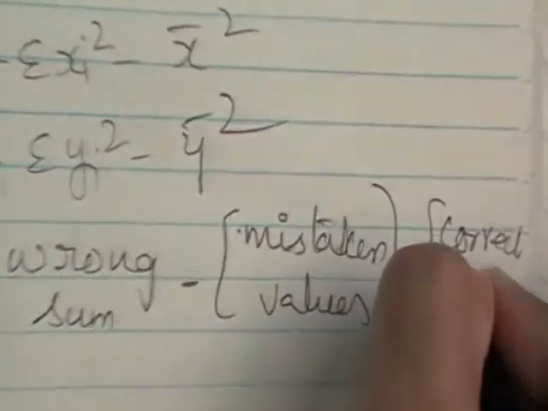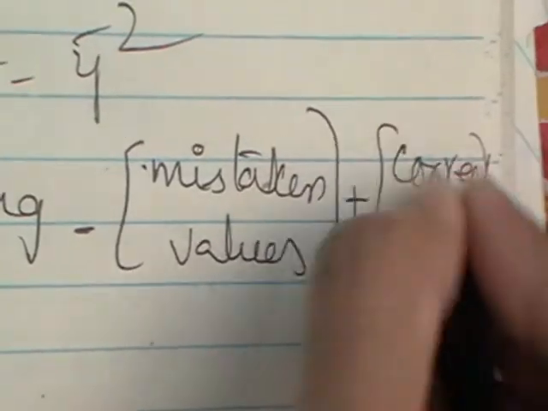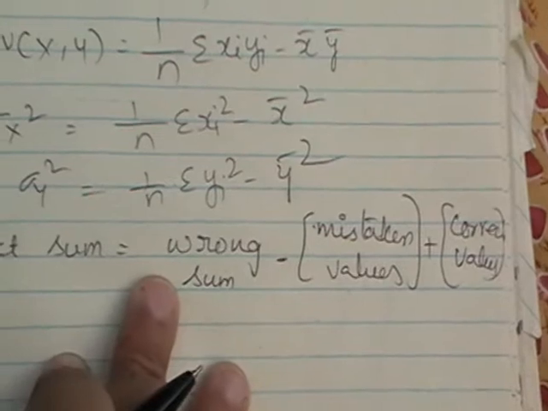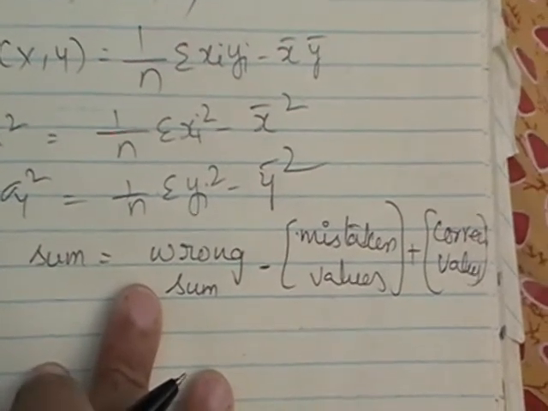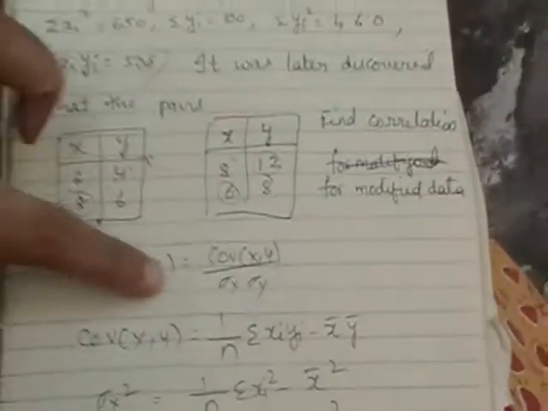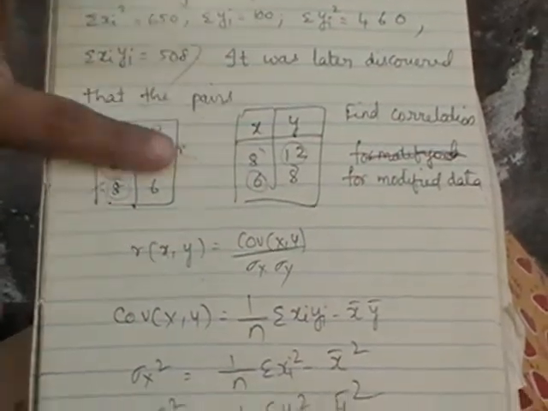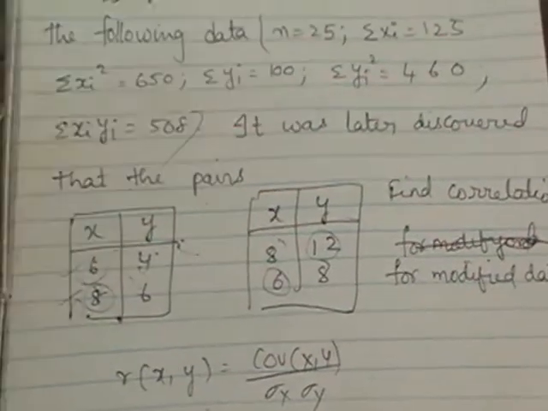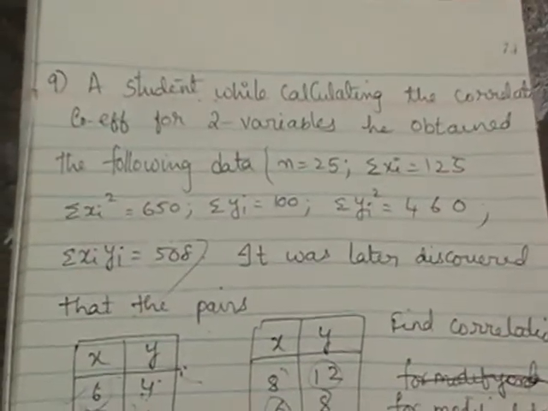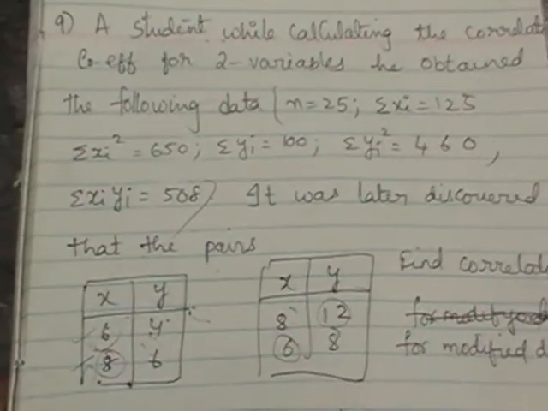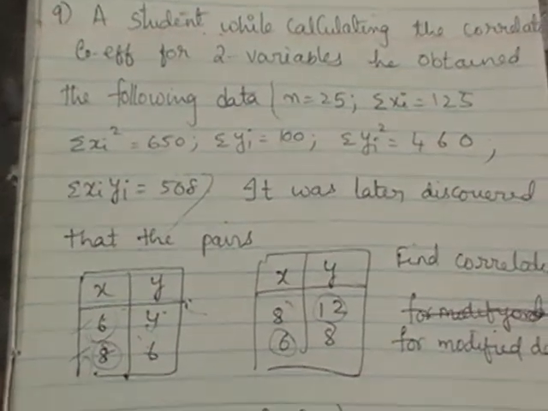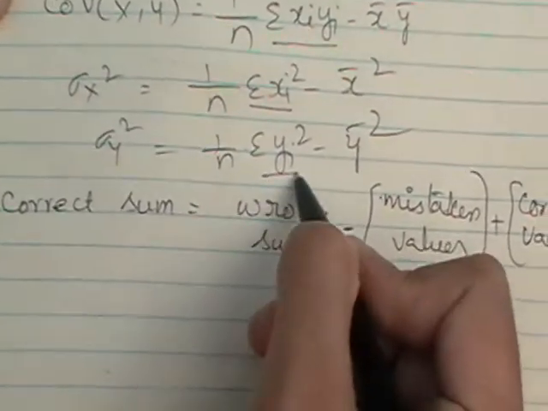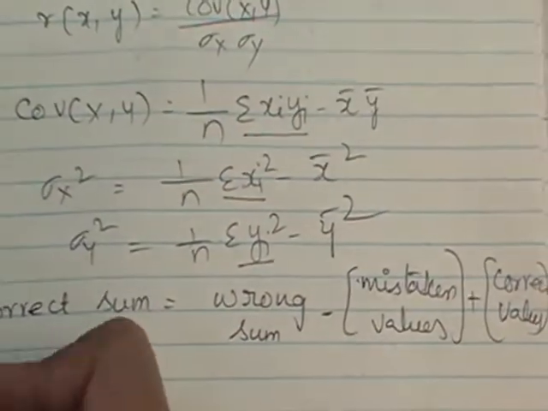For 25 observations, they calculated totals with some mistaken observations. You cannot use these totals directly for calculating r of xy. First, by treating these as the wrong totals, you need to calculate the correct totals. So you need sigma xi square, sigma yi square, and for x bar y bar you need sigma x.